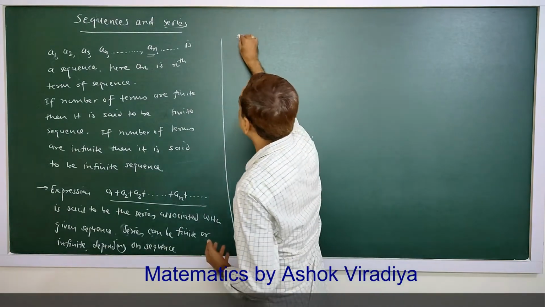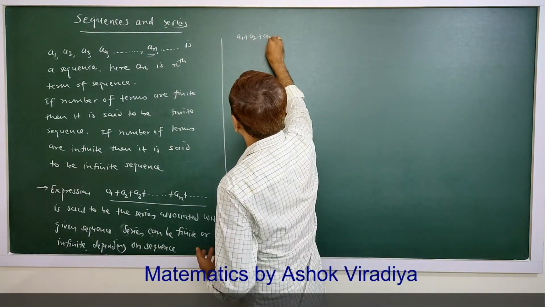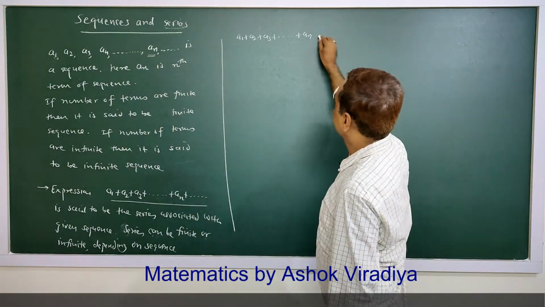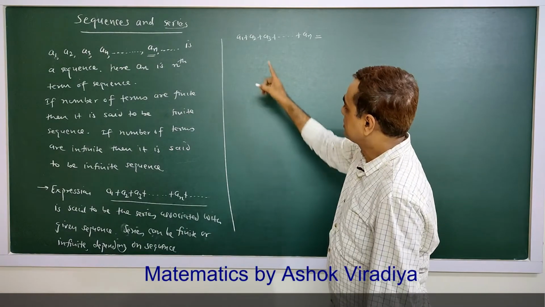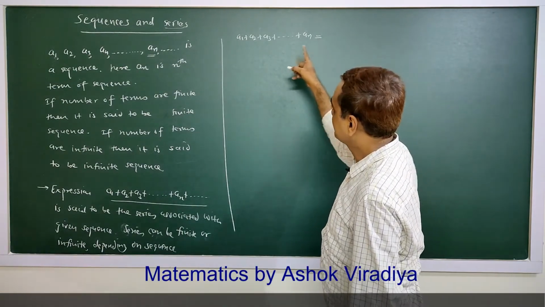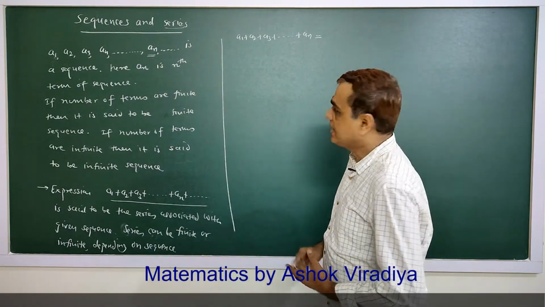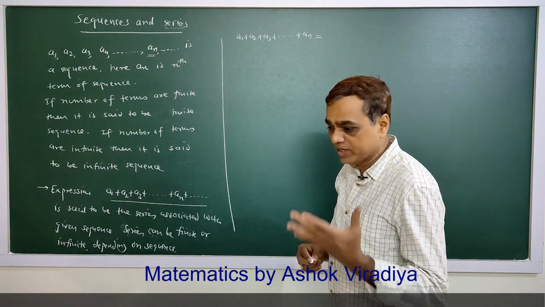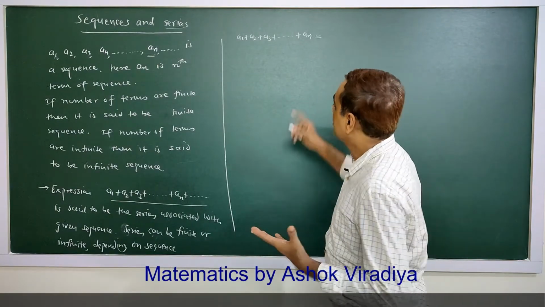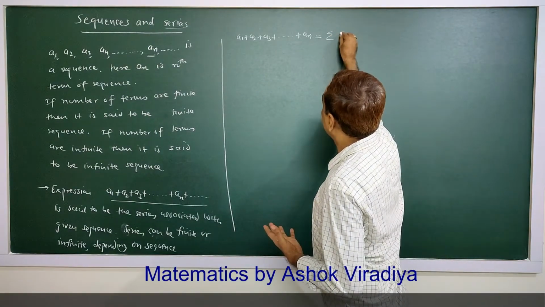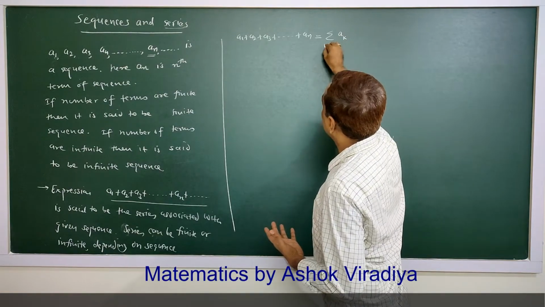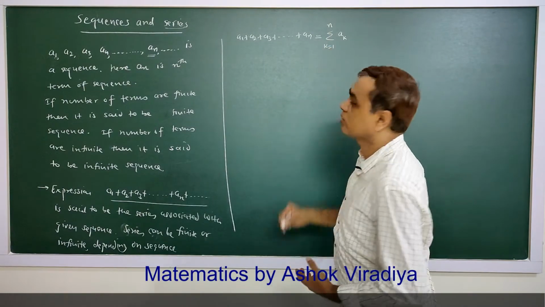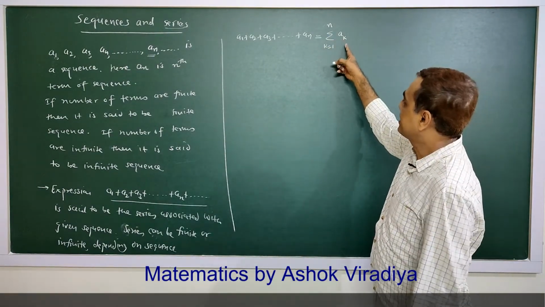So if I put here a1 plus a2 plus a3 plus up to an, then the sum of the first n terms of this sequence, that means we can say it is the sum of the series. In short, this is denoted as sigma a_k, k equal to 1 to n.